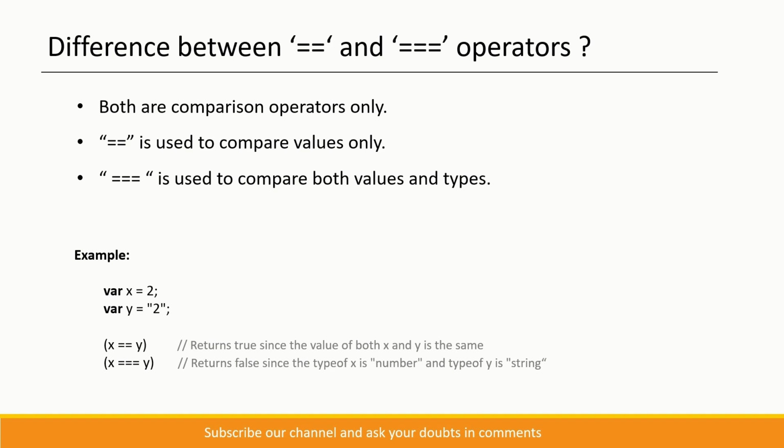Here both values are equal but the data types are different, number and string, so the second statement will return false. This is the main difference between the double equal to and triple equal to operators in JavaScript.